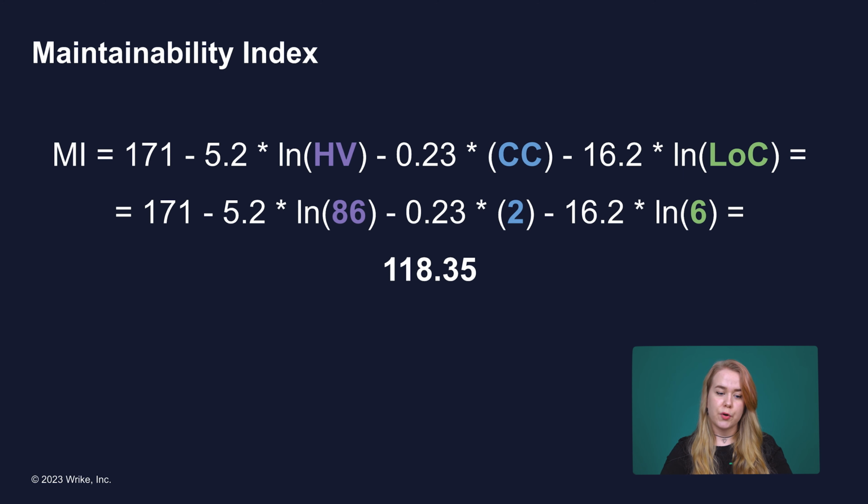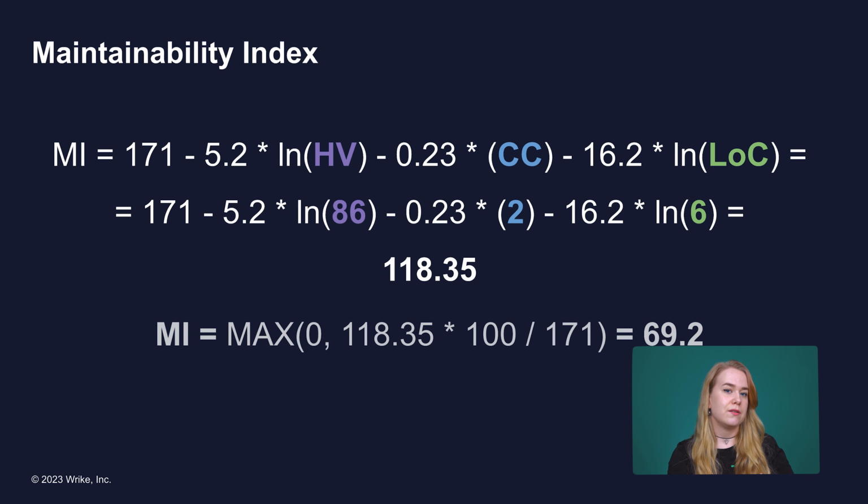But with this formula, we basically can get a value from 171 to any unlimited negative number. So we need to put the value that we get from this formula into the range from 0 to 100. And we can do this by applying this function. So finally, we get the maintainability index for the piece of code that I showed you earlier, and it equals 69.2.